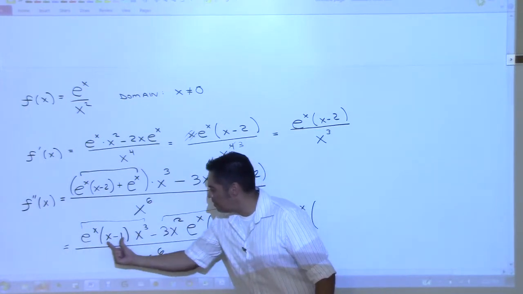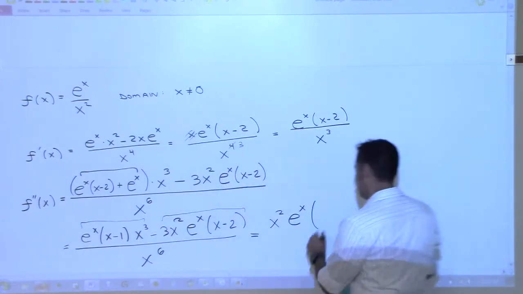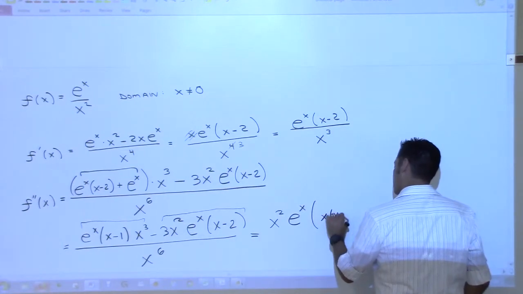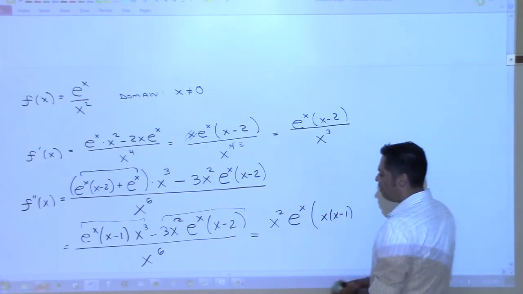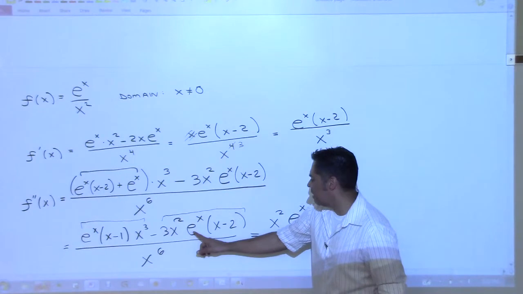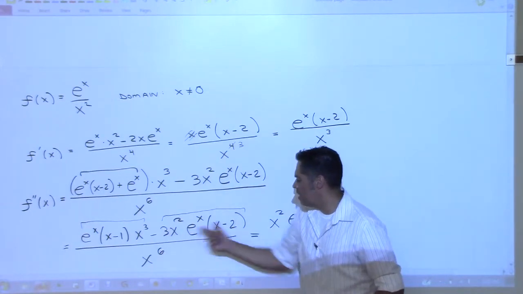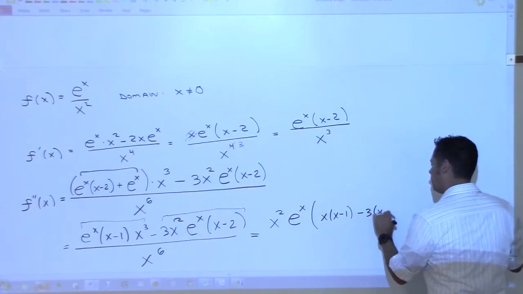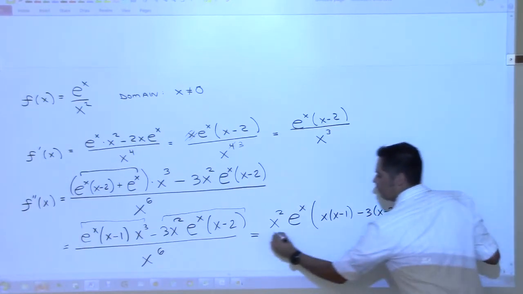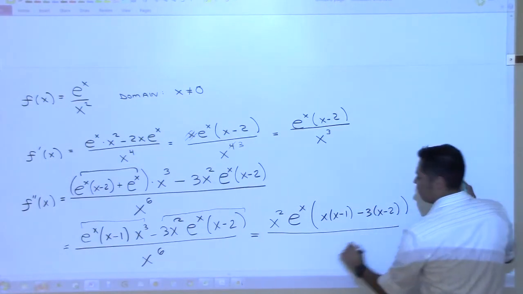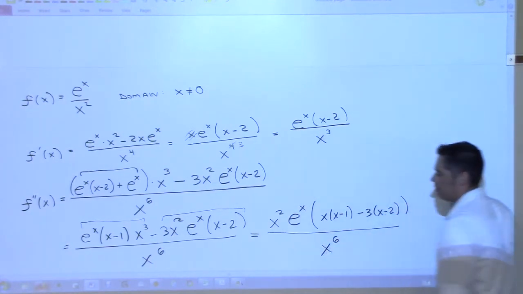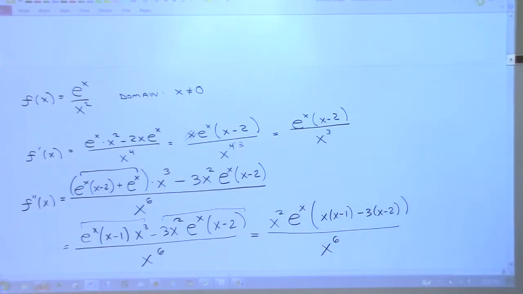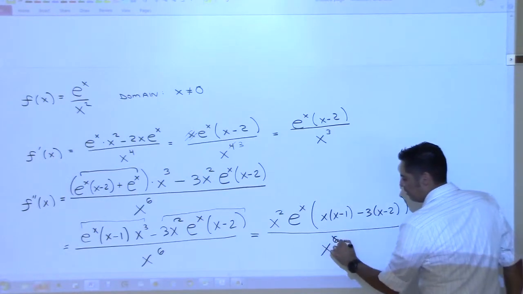I'll be left with this and an x. So x times an x minus 1. And then if I pull an x squared out and an e to the x here, I'll be left with a minus 3 and then this. All over x to the 6th. Two of these factors cancel.